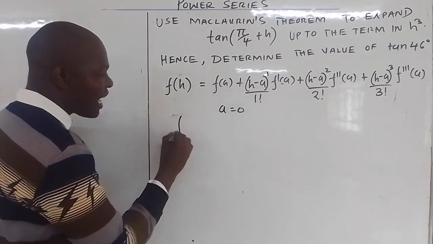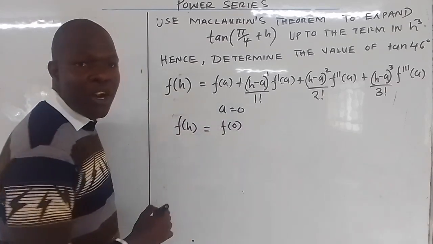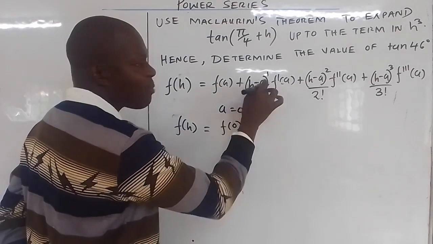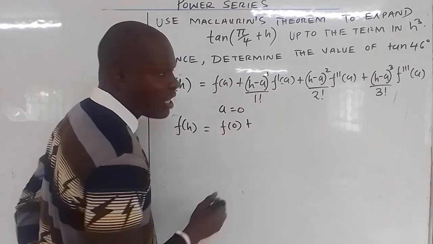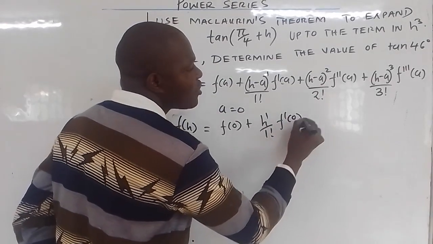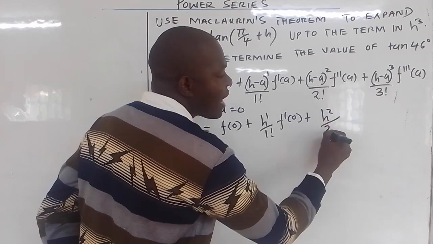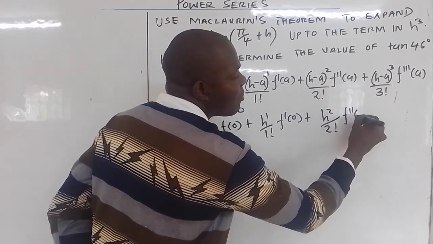So it means f of h is going to be f of 0, plus h minus a, it is just h. That is h raised to power 1 over 1 factorial, f prime of 0, then plus, this is just h, that is h squared over 2 factorial, f double prime of 0.